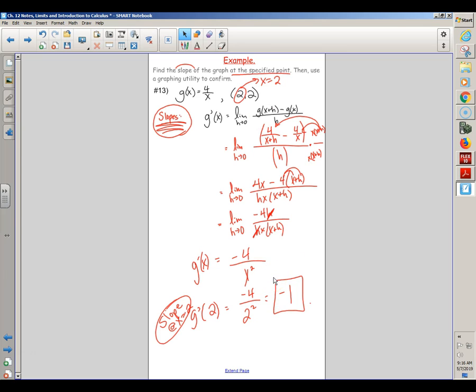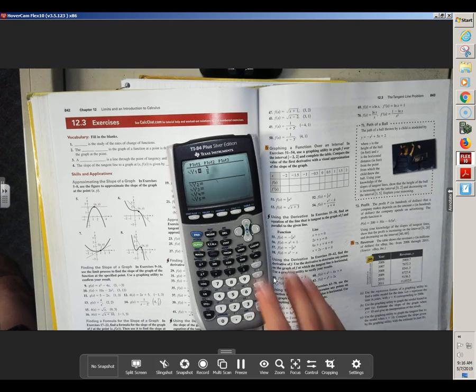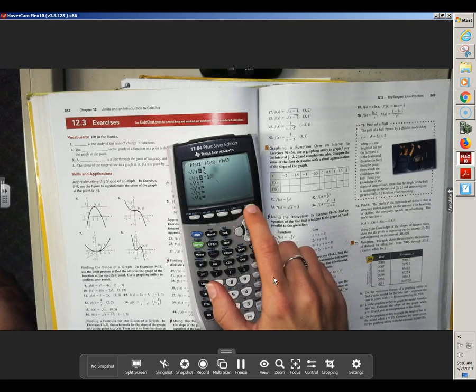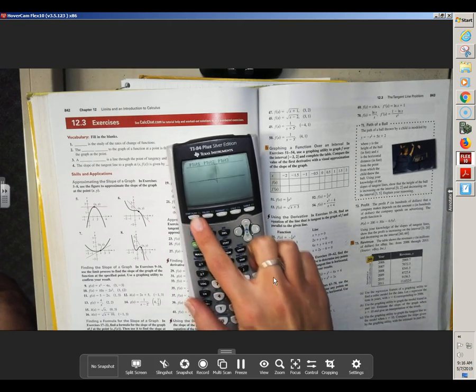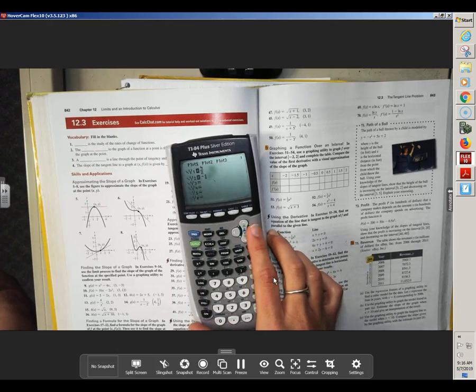How do you just graph slope, though? But if I graph that, isn't that a horizontal line at negative 1? Negative 1 times x. Wait, why times x, Tony?